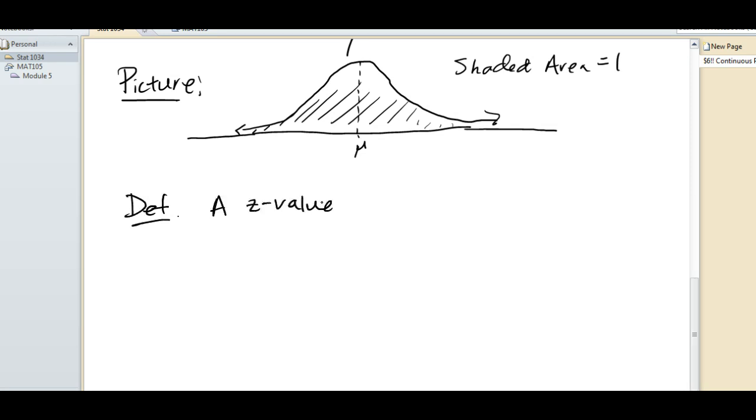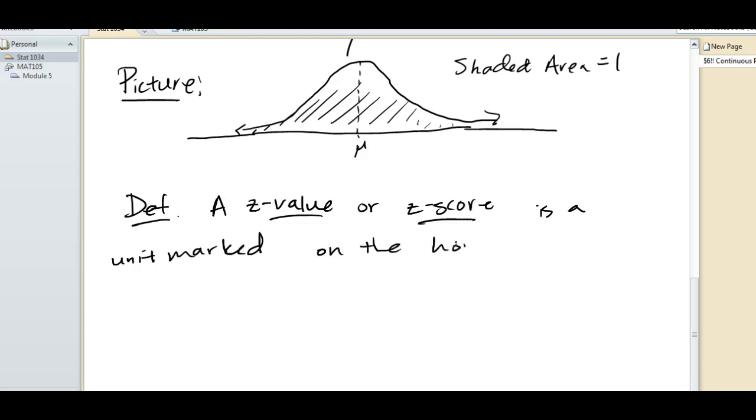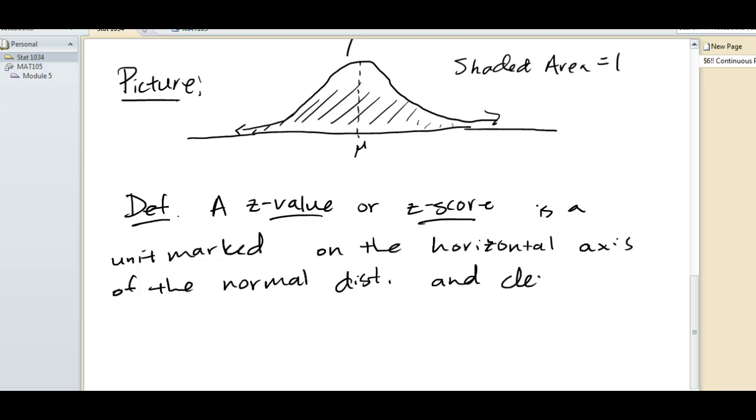A z-value, or z-score, is a unit marked on the horizontal axis of the normal distribution, and denoted by z.